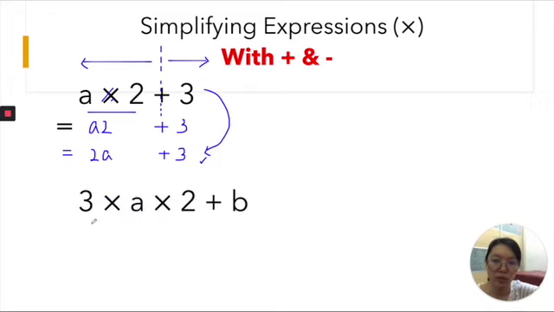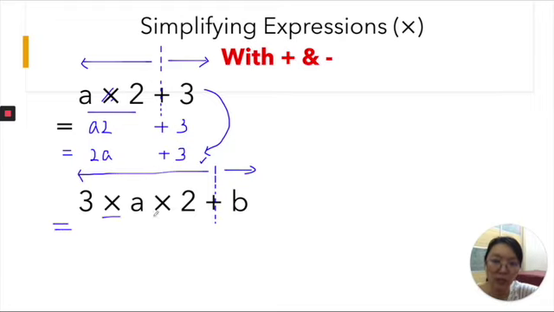How about this? I have 3 times a times 2 plus b. A bit complicated. So first, don't panic. Draw dotted line, 楚河汉界画出来, at your plus and minus. Then this is one side, this is one side.